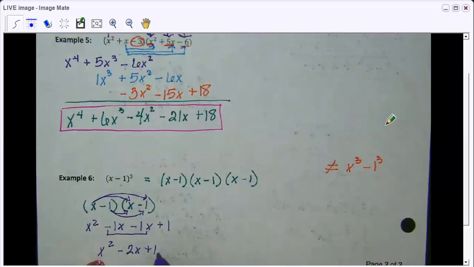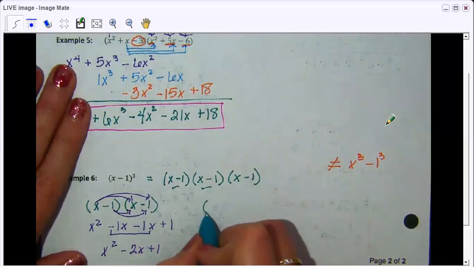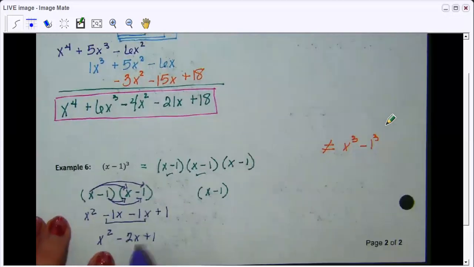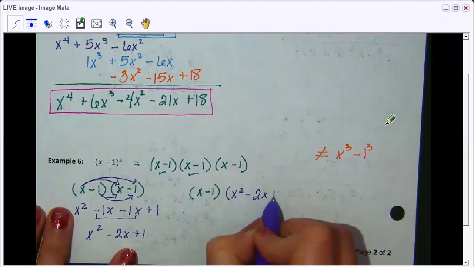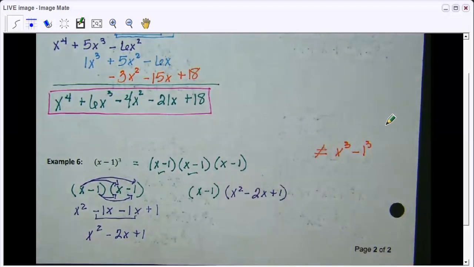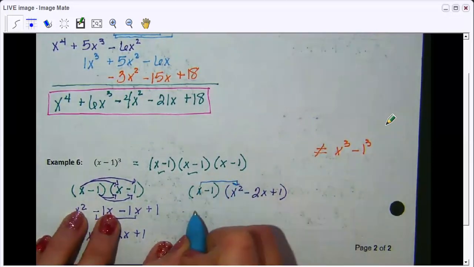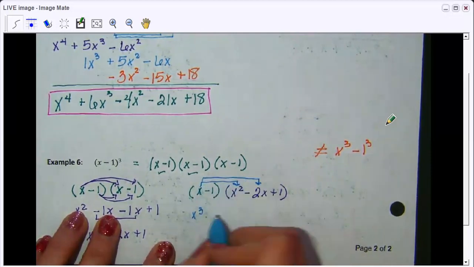Now what I'm going to do is I'm going to bring this one up and I'm going to take this third one right here, x minus 1, and I'm going to multiply it by my answer down here. So here we go. We're gonna take x times x squared and we get x cubed. X times negative 2x and we get negative 2x squared.